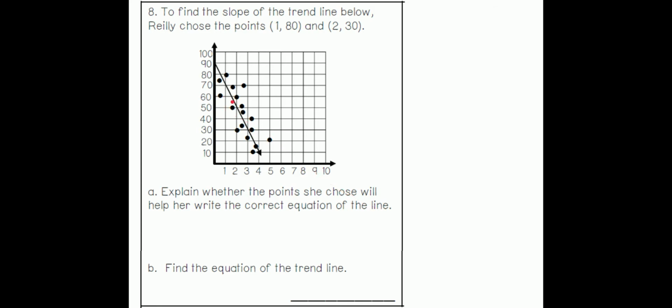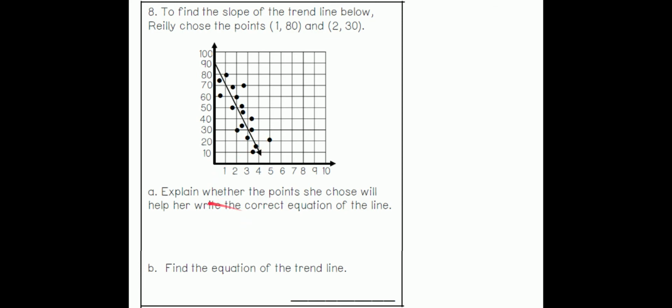Remember, the equation for the trend line is the equation for this line right here. It does not have to touch any of the data points. You are essentially kind of ignoring the data points at this point. You're not going to be in a position right now where you're going to need to draw the trend line. They're already going to be there for you. So you just need to look at the lines and ignore all the data points at this point.